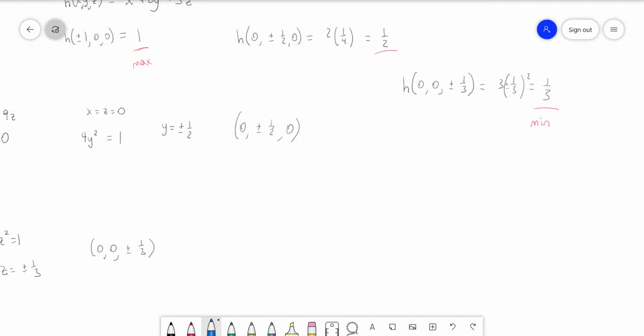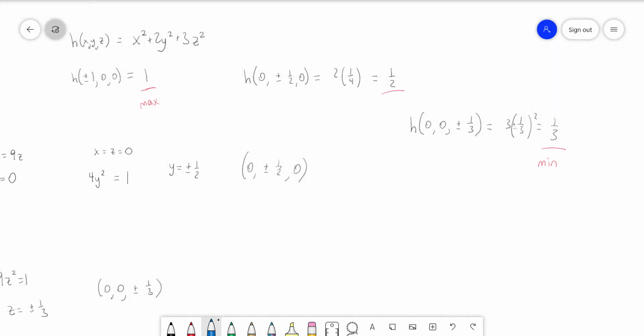Now, going back to the original function f, remember that f was e to the h, if you will. So you can say that function f will have a max. Well, first its max value would be not 1, but since f is e to the h, its maximum value would be e to the 1. And that maximum occurs at these 2 points on the ellipsoid.